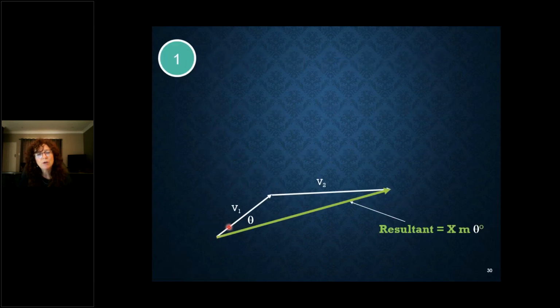Here we do have two vectors. As you can see, the two vectors are not in the same direction, so you cannot just add them together. Your resultant will be from the tail of the one to the head of the other one.